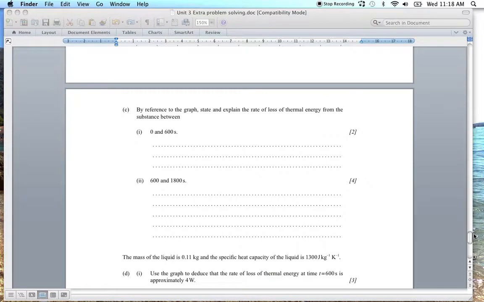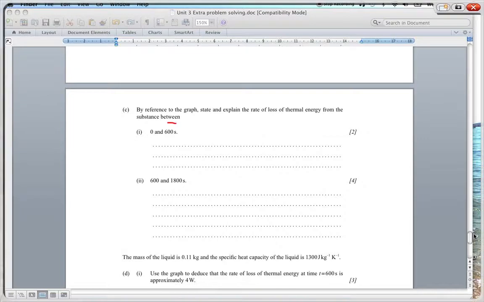By reference to the graph, state and explain the rate of loss of thermal energy from 0 to 600. Now you've got 2 marks here, so make sure that you include enough for 2 marks. You can see here that the temperature is falling, so state and explain the rate of thermal energy from the substance between there.